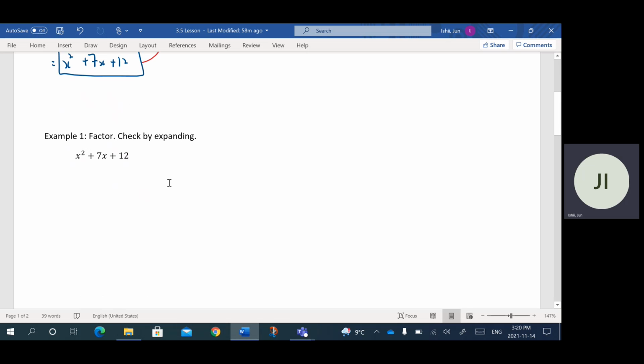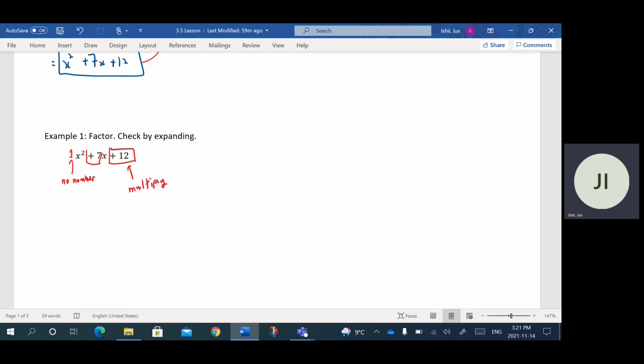Whenever you have an x squared with no number in front, which implies that it's actually a 1 in front, we can use this method. It's kind of like a riddle. You want two numbers that multiply to the constant term, in other words, the 12 here, without an x.